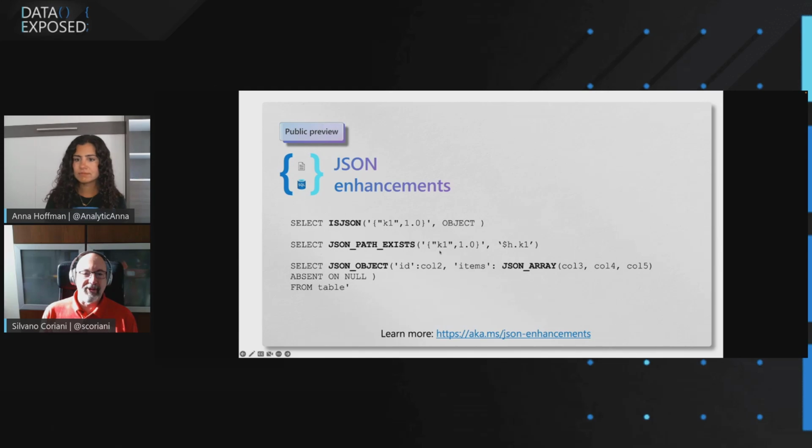JSON_PATH_EXISTS validates whether, in the JSON you're checking, there is a specific path that your logic may want to check in that fragment. And there are two interesting functions that combine to construct your JSON objects as part of your SQL logic, and the same for JSON arrays.